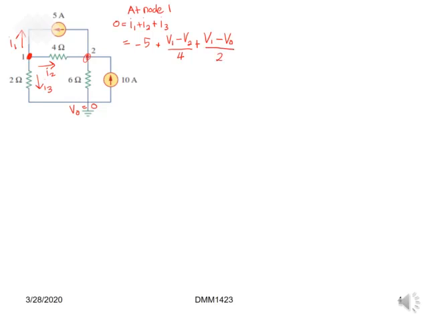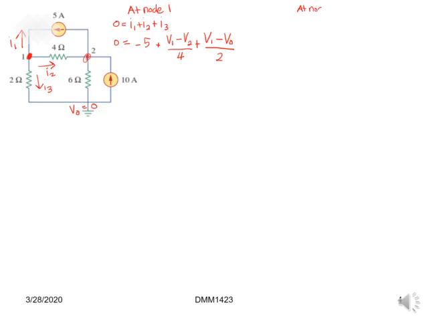Why do we subtract V2? Because we assume that there will be a voltage drop across the 4 ohm resistor. Then the current flowing at I3, we can write as plus V1 minus V0.